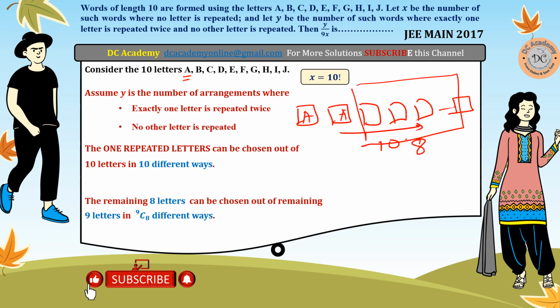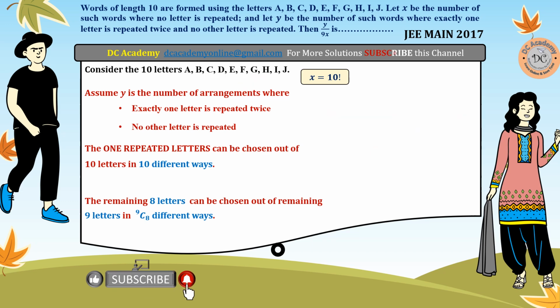If A is chosen, the number of letters left is 9. I can't choose A again, because then the repetition becomes 3, which is not allowed. So the remaining 8 letters need to be chosen out of the remaining 9 letters, except the repeated one, in 9C8 ways.